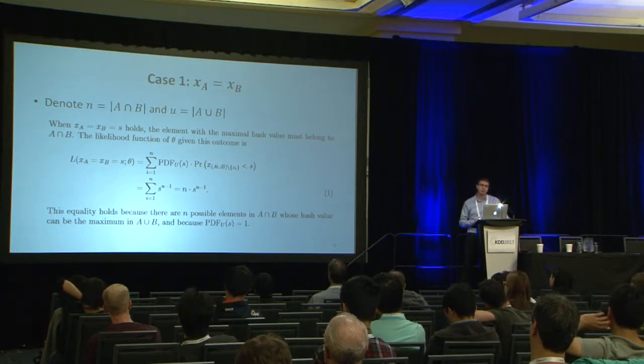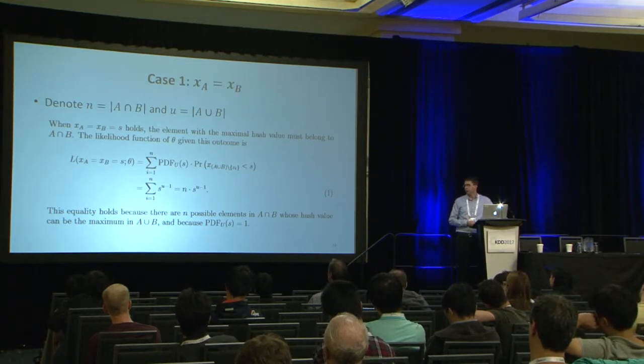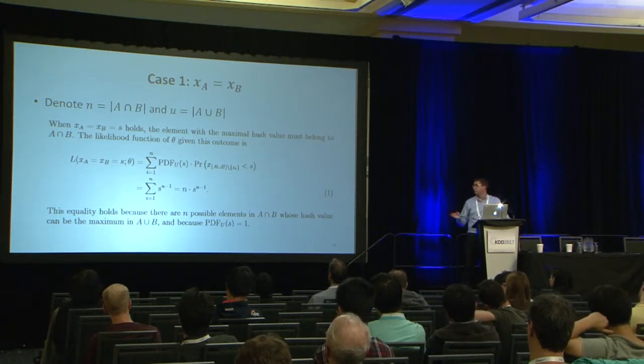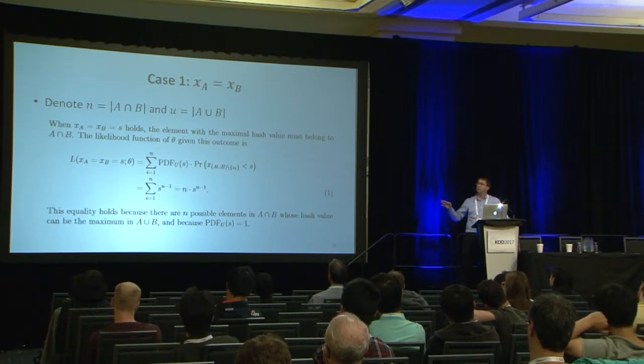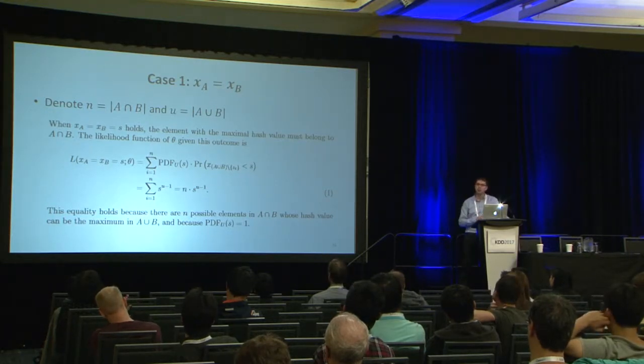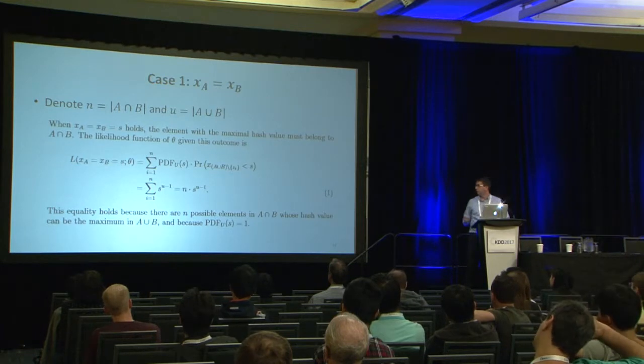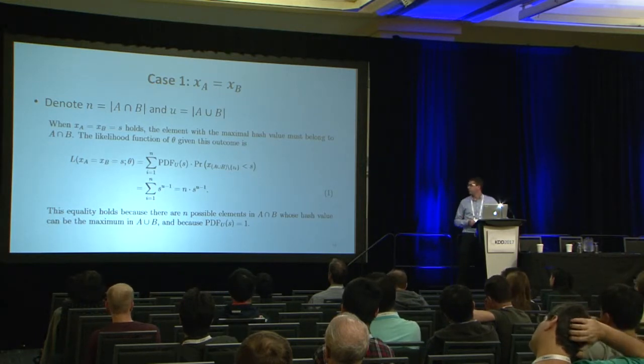Each of them can be this maximal hash value, multiplying by the probability of each of them to be the maximal hash value, which is S to the power U minus 1, because this is the probability of each of the values of the elements in the intersection to be the maximum among the other U minus 1 elements that are in the set union. So in total, we get n times S to the power U minus 1 as the likelihood for this first case when the maximal hash values are equal.